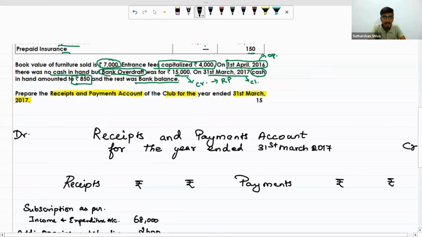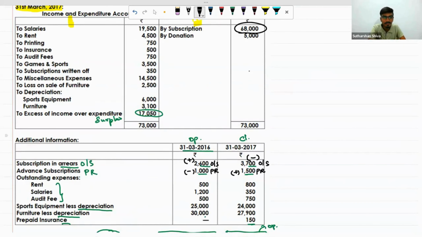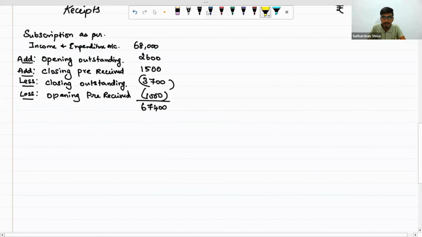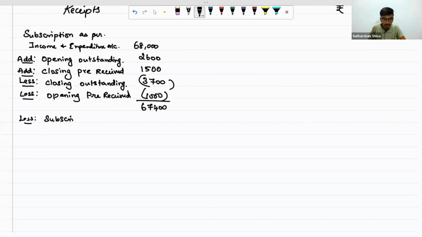But here the important point comes into the picture. We have one more important thing in this area, that is subscription written off. That is 350. As per the matching concept, that should be matched with this point, and we should write less subscription written off.